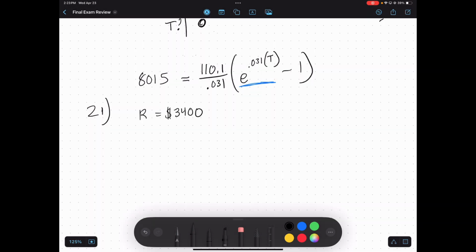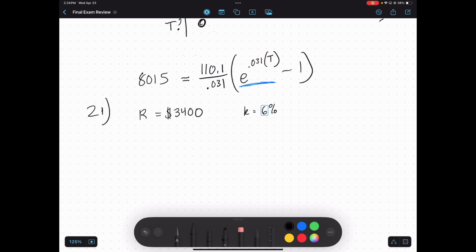Okay? It tells me the interest rate. Yeah, perpetual means there's no set endpoint. I'm not saying I'm only going to do this for 5 years or 10 years. This is saying I'm just going to do this forever, as long as I can. No set endpoint. And if you remember, this is related to improper integrals.